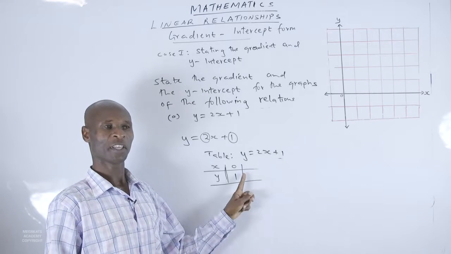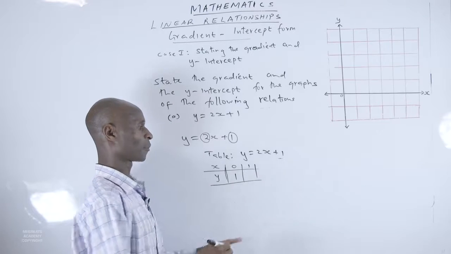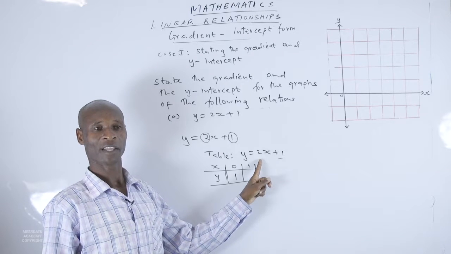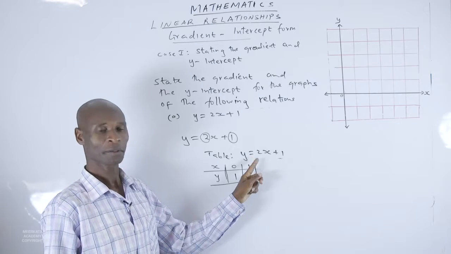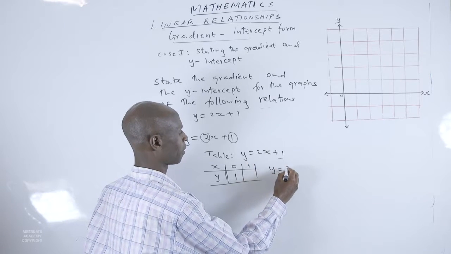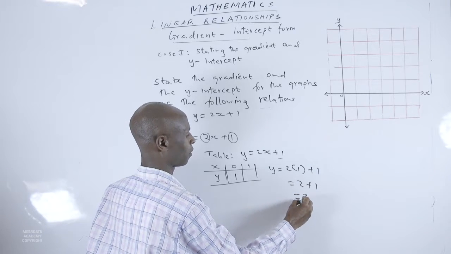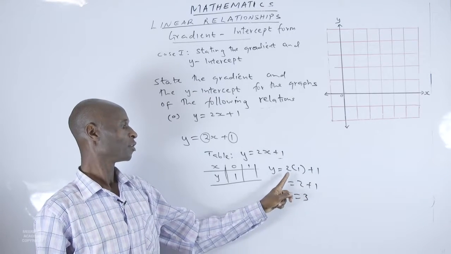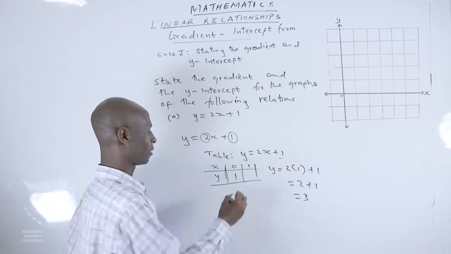We substitute the value of x as 1 and obtain the corresponding y value. In this case, the y value will be 2 times 1 plus 1, which gives us 3.